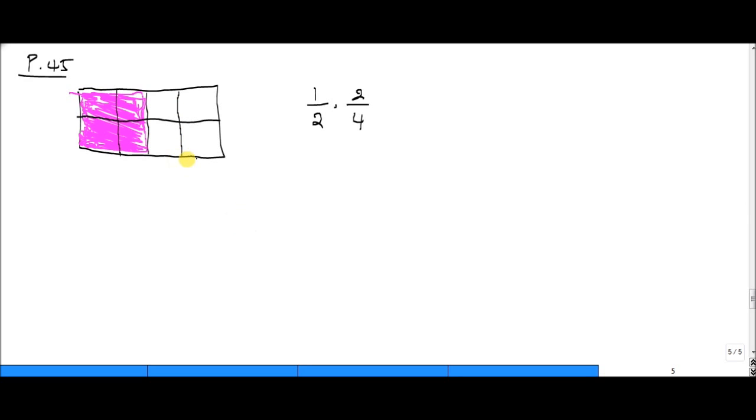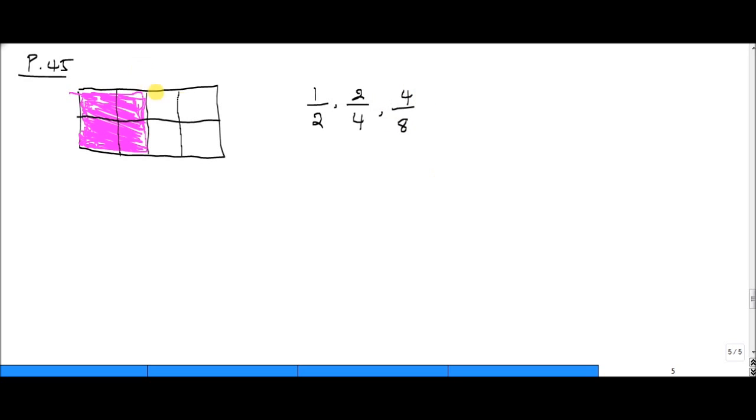Now, same amount here, same value here, but now this would be 1, 2, 3, 4 shaded pieces out of a total of 1, 2, 3, 4, 5, 6, 7, 8. So again, this is saying that a half is equivalent to 2/4, and a half is also equivalent to 4/8.